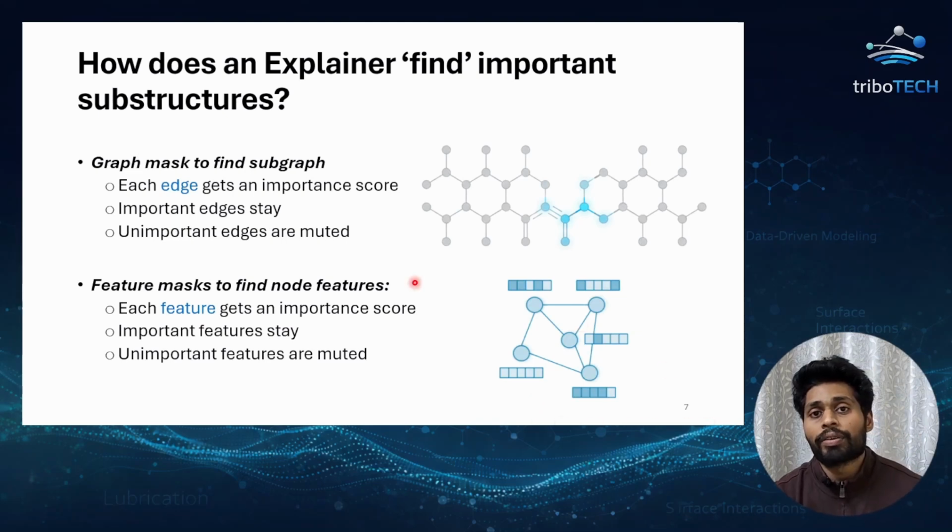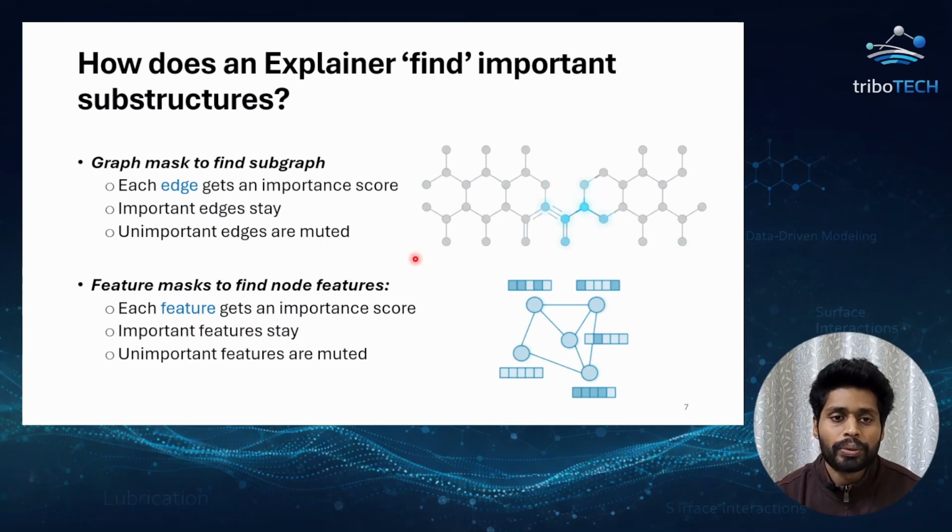To find important subgraphs, there are graph masks where each edge within the graph gets an importance score. This is a mathematical value called the mask score, and this value is learned over iterations to find the important subgraph within the graph.